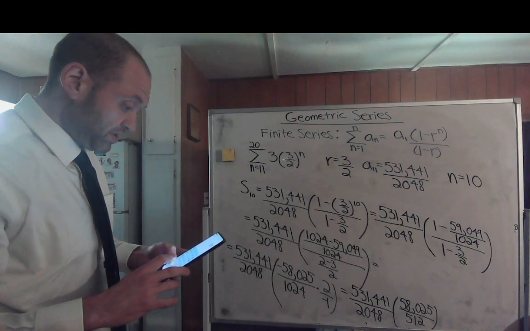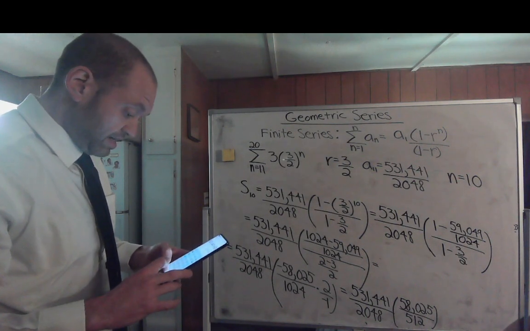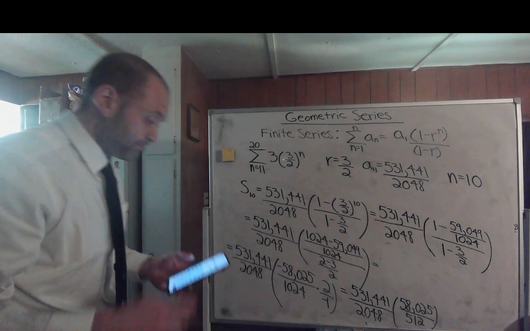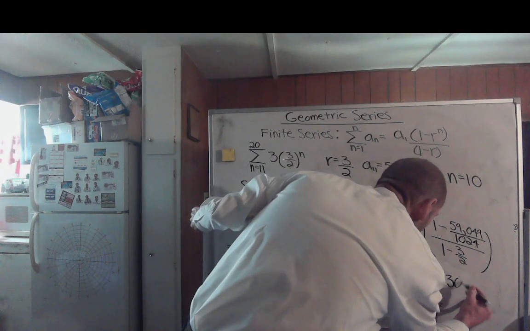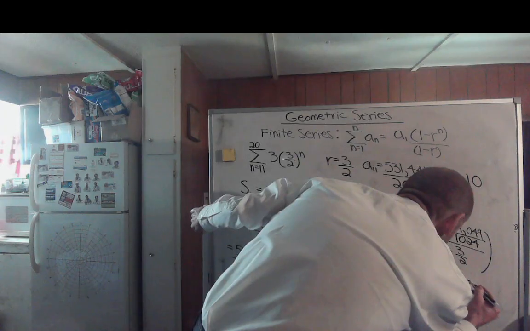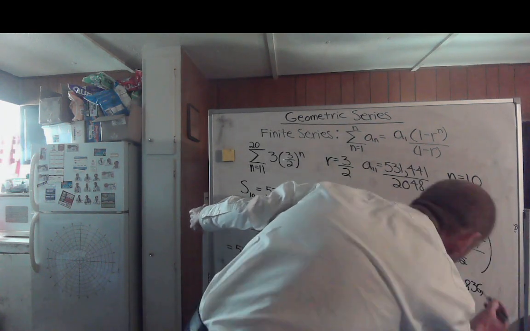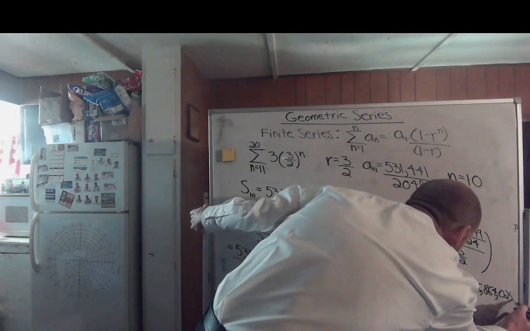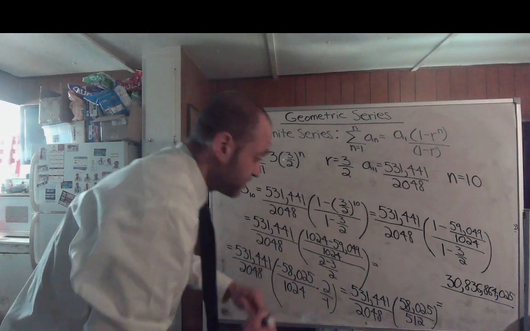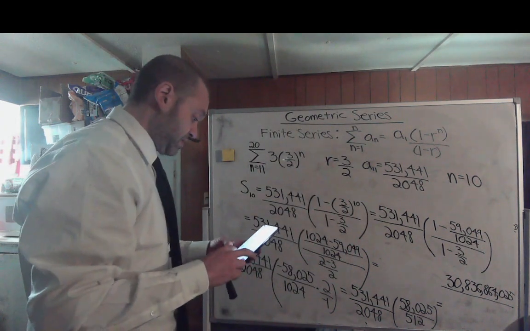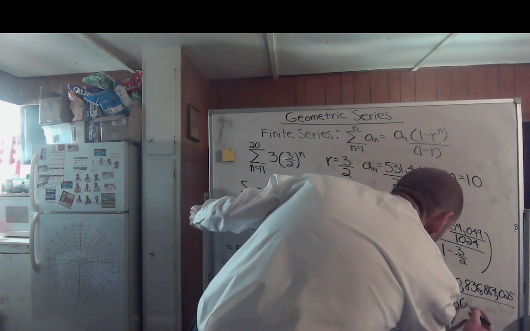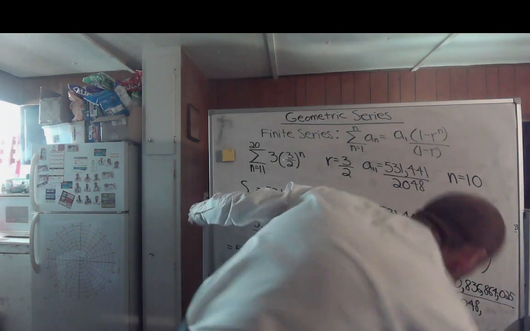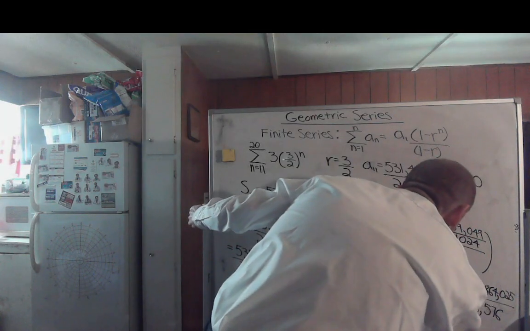So 531,441 times 58,025 gives me 30 billion 836,864,025 divided by that 2,048 times 512, divided by 1,048,576.